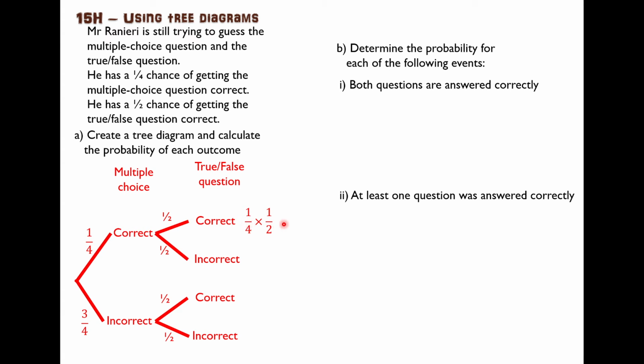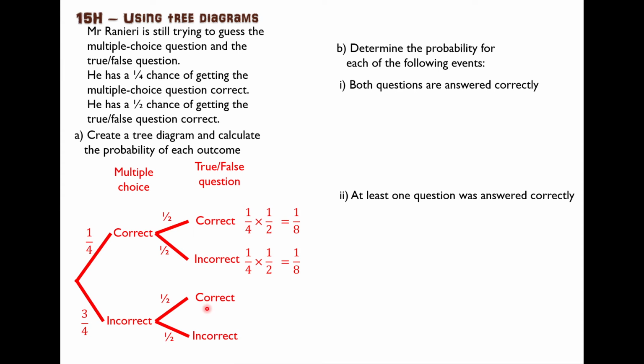And a quarter times a half is 1 times 1 is 1, 4 times 2 is 8, 1/8. Let's try another one, this one here. I go down the chain, a quarter times a half, this is just the same. So there's a 1 in 8 chance that I get the first question right and the second question wrong.